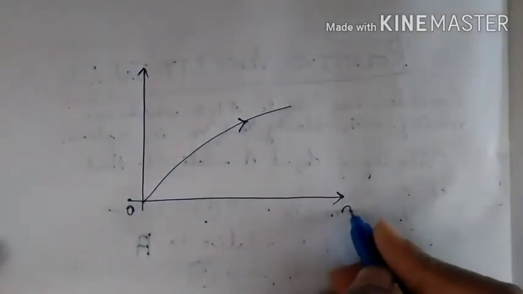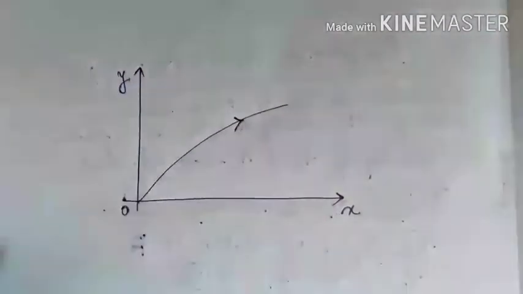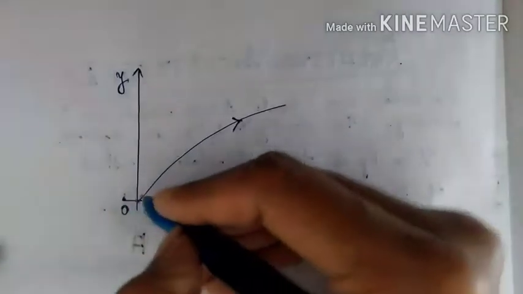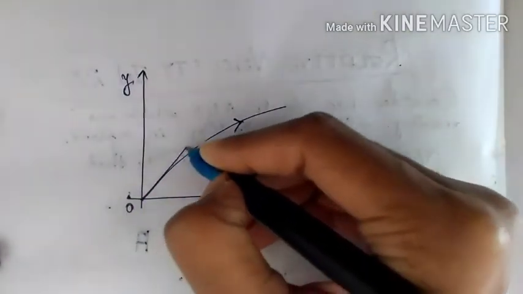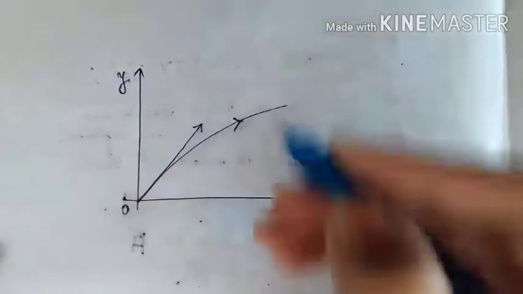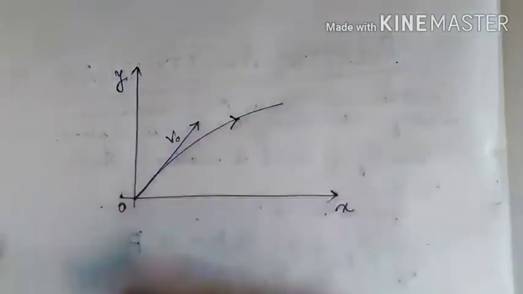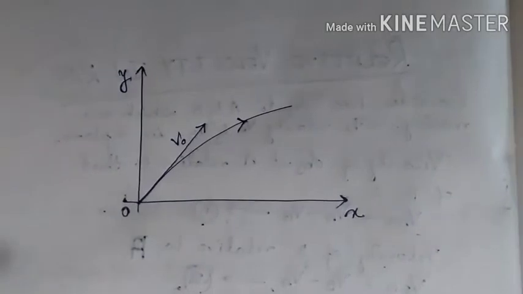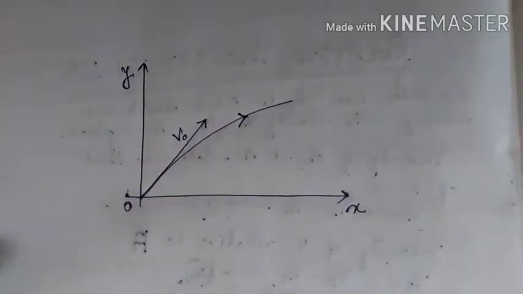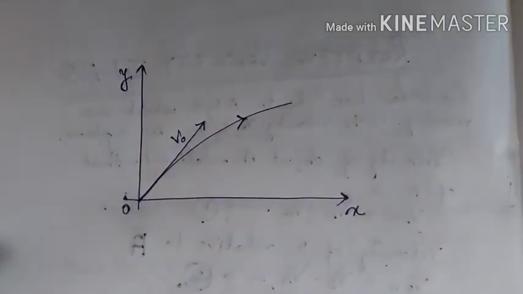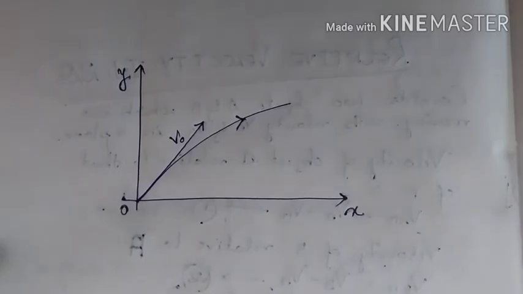This is the x-axis, this is the y-axis. Now if I draw the velocity vector, or initial velocity with which the bullet is shot, that can be denoted as v naught. So v naught here is the initial velocity.